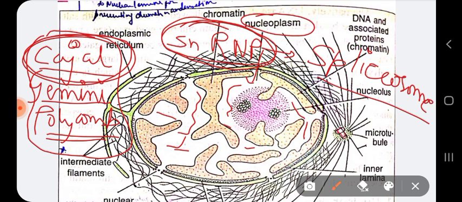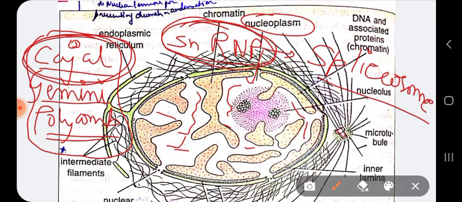They are spherical nuclear bodies of about 0.3 to 1 micrometer in diameter, found within the nucleoplasm of embryonic cells, those cells which are proliferative actually, like embryonic cells, tumor cells, or metabolically active cells like neurons.